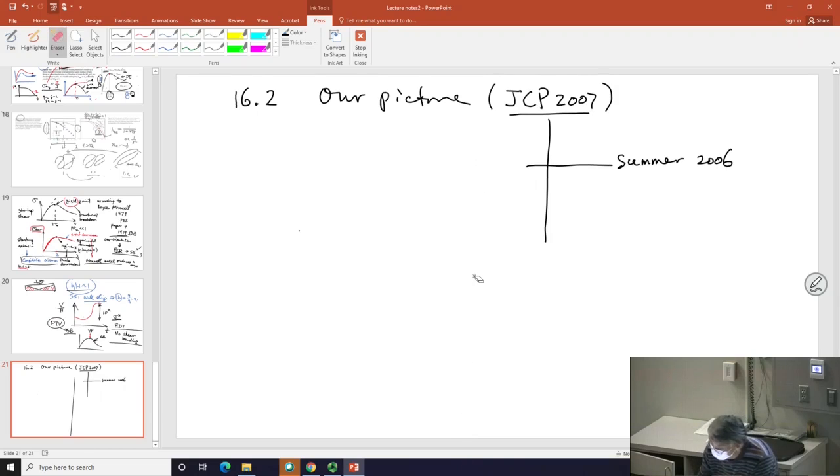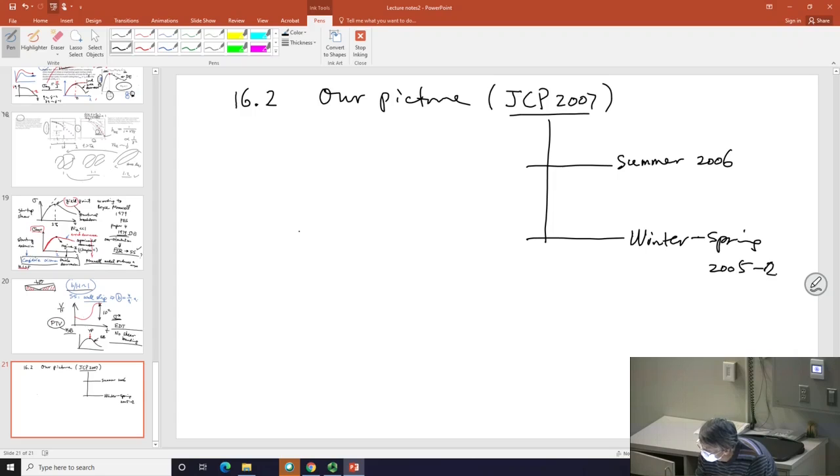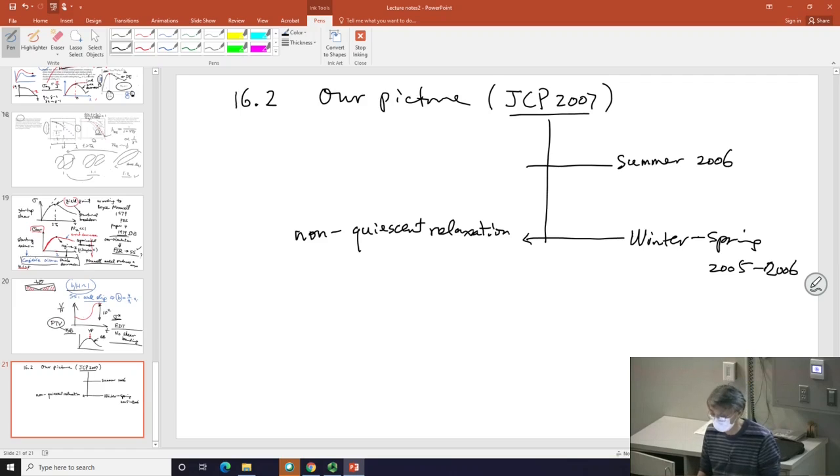It was the winter, spring of 2005-06 when we had this non-quiescent relaxation phenomenon established or discovered, almost as a prediction, because we knew there was some trouble with this non-monotonicity.